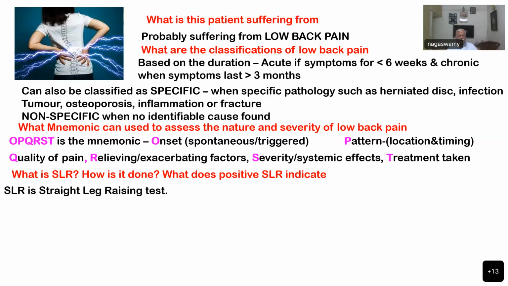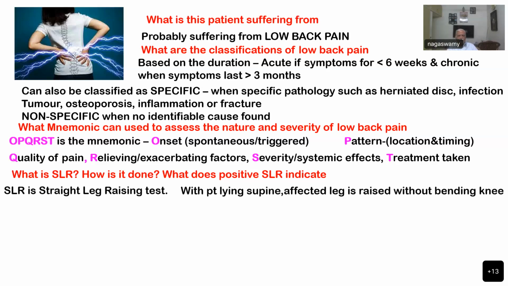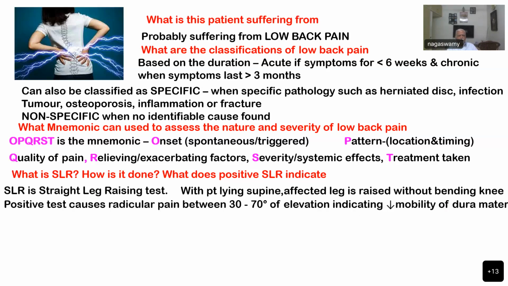SLR is the straight leg raising test. Patient lying supine, affected leg is raised without bending the knee. That is very important. A positive test causes radicular pain between 30 and 70 degrees of elevation, indicating decreased mobility of the dura mater. So that is the reason why it happens.